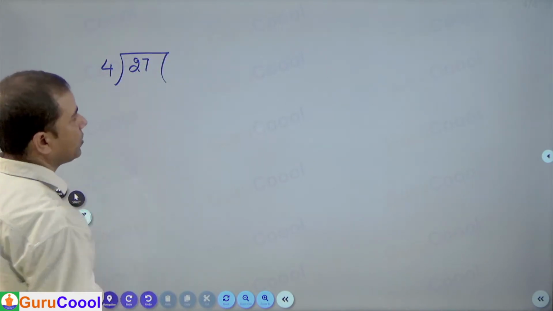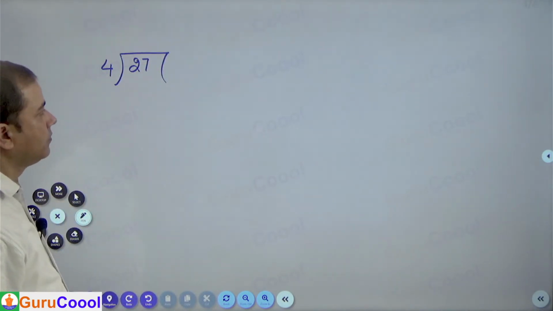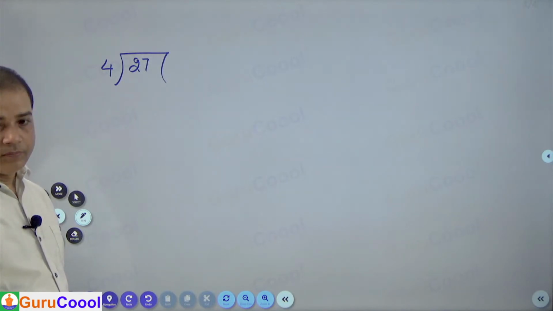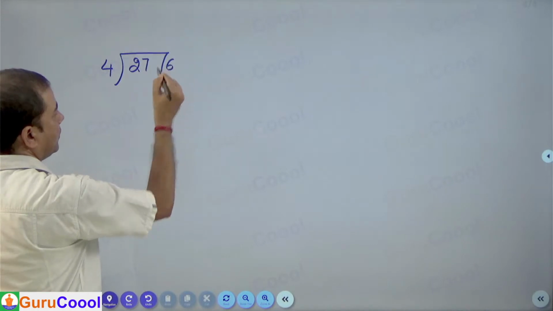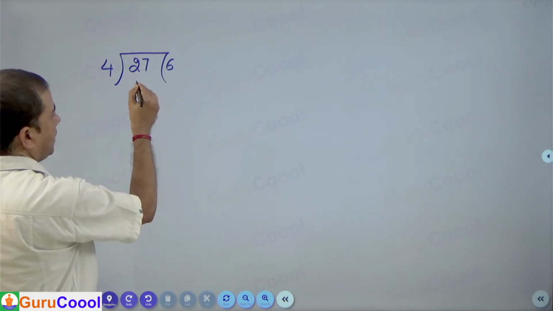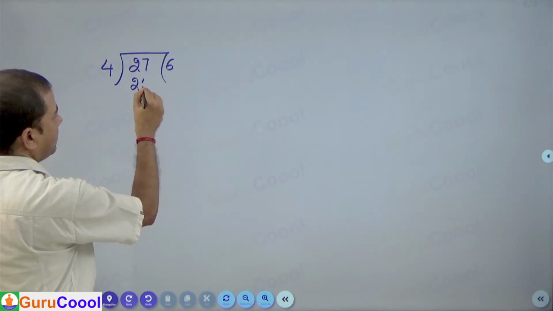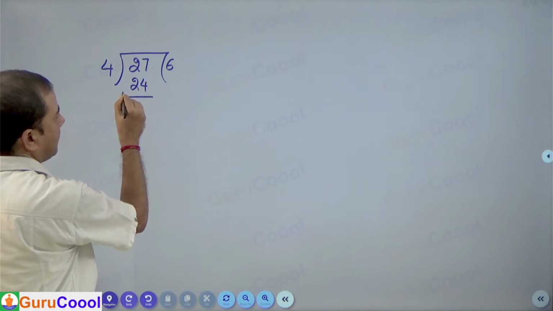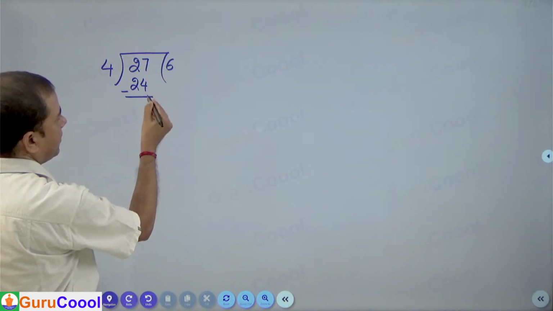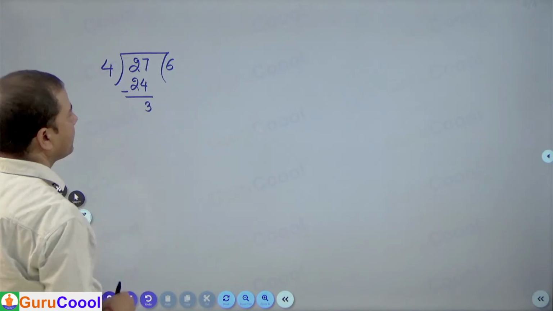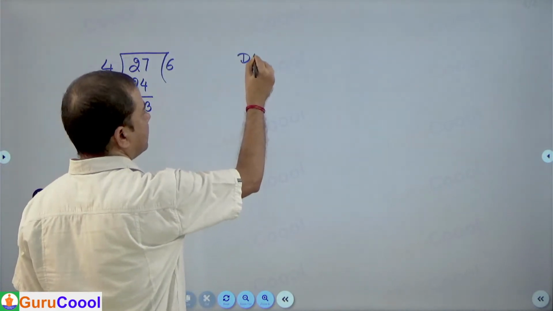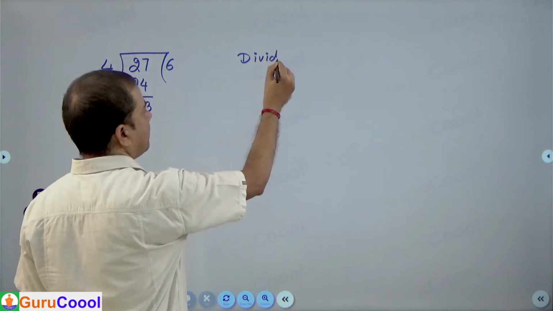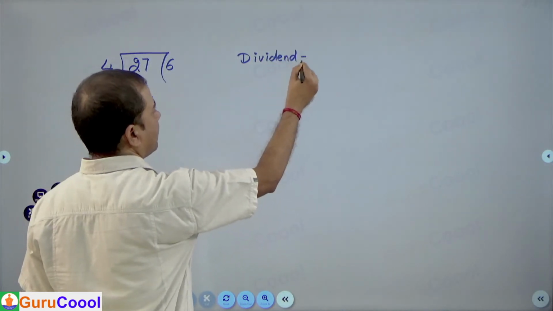In how many times you divide? Sir, 6 times. 4 times 6 is 24. You subtract and you get 27 minus 24, 3. Notice, what was the dividend? Sir, 27.